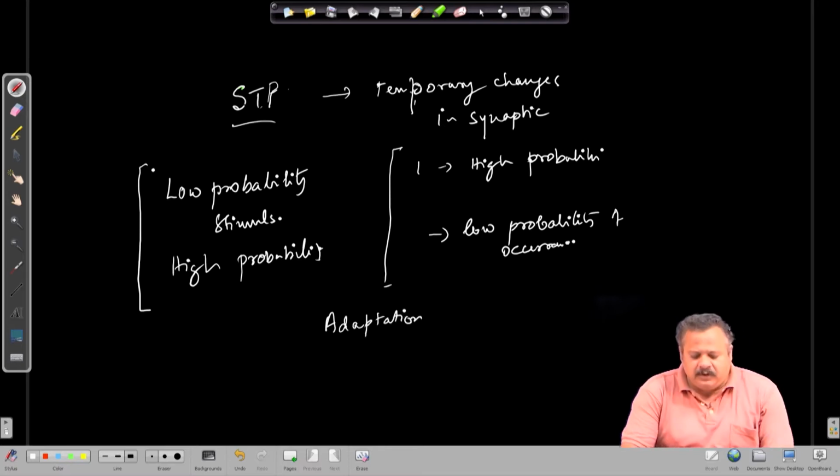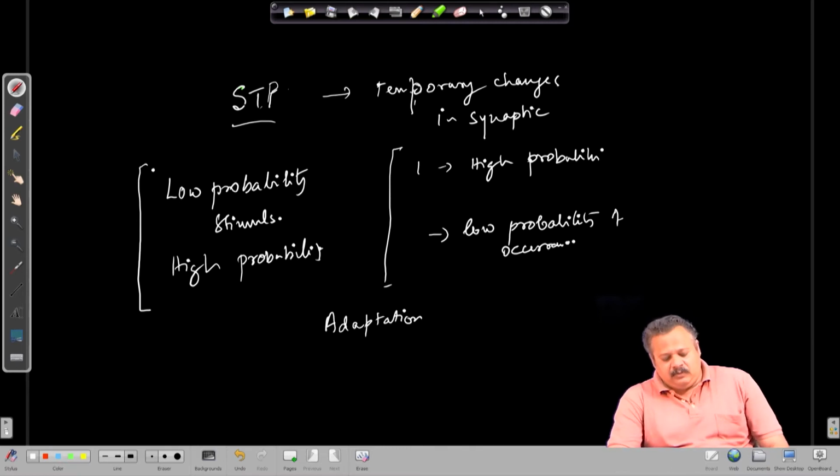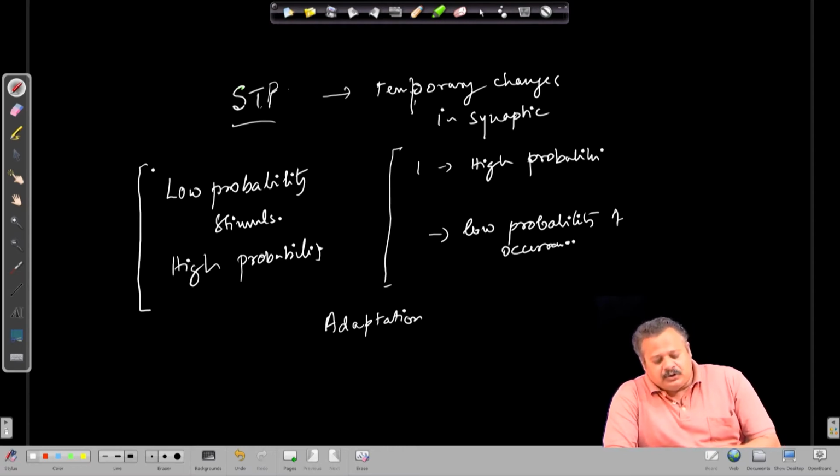We know of many phenomena that we call adaptation. It may be short term plasticity or long term plasticity, because the word adaptation does not differentiate between temporary change or permanent change.